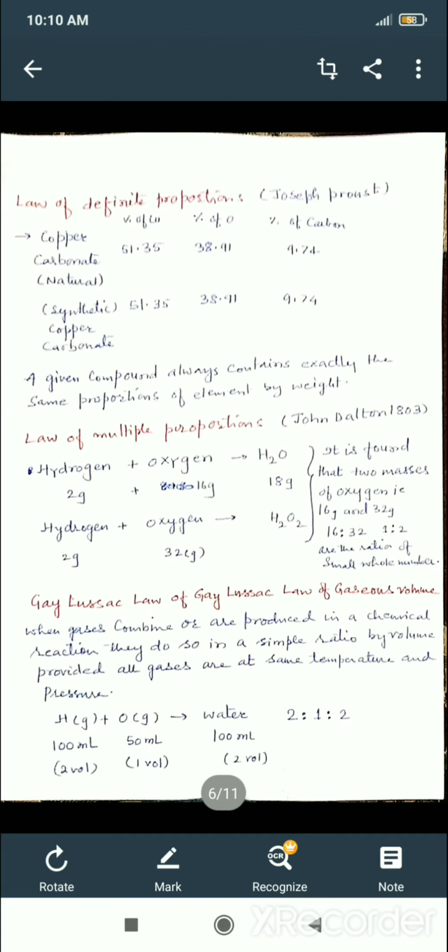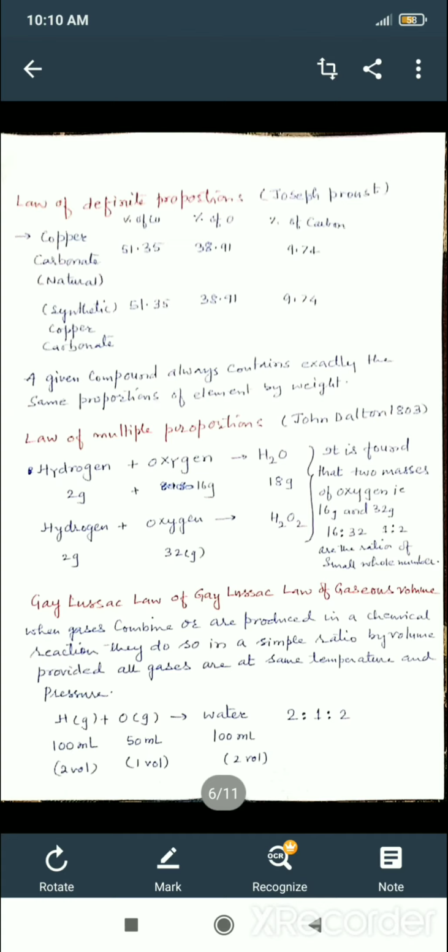Gay-Lussac's law is also called the law of gaseous volume. When gases combine or are produced in a chemical reaction, they do so in a simple ratio by volume, provided all gases are at the same temperature and pressure.